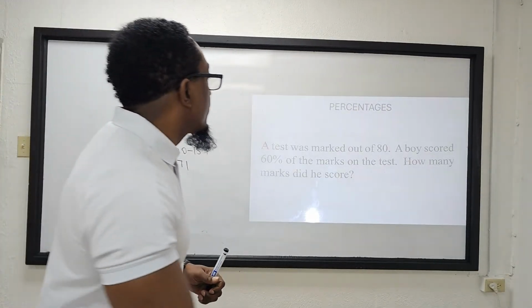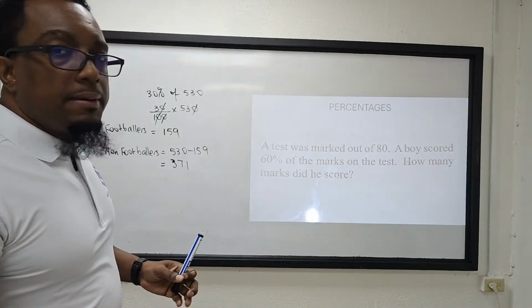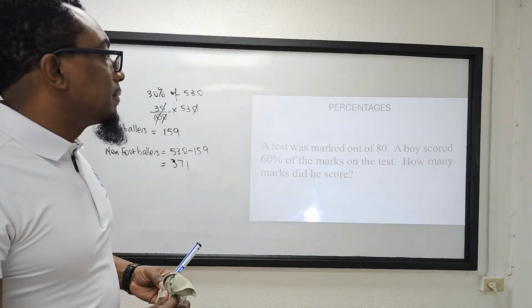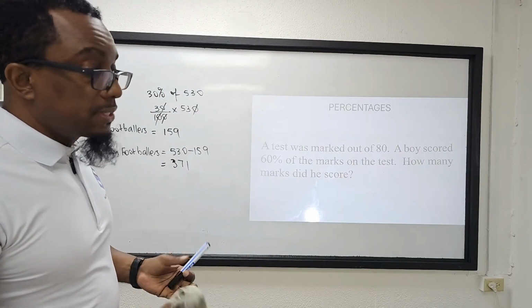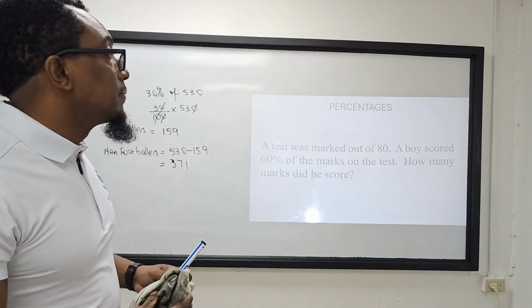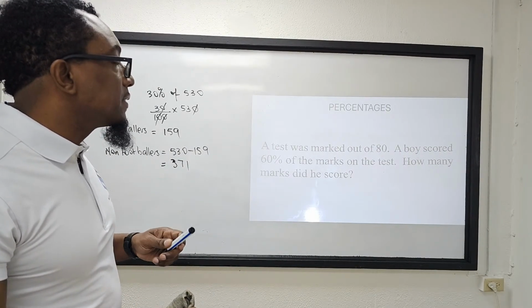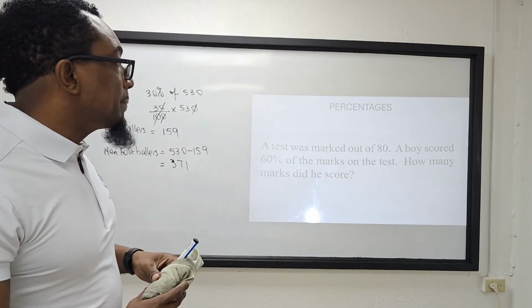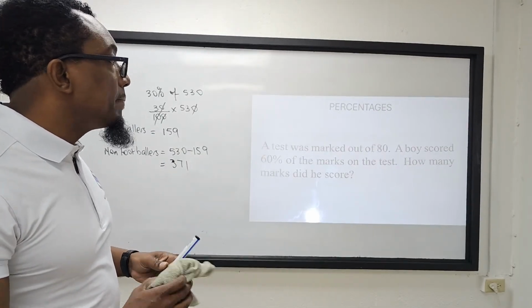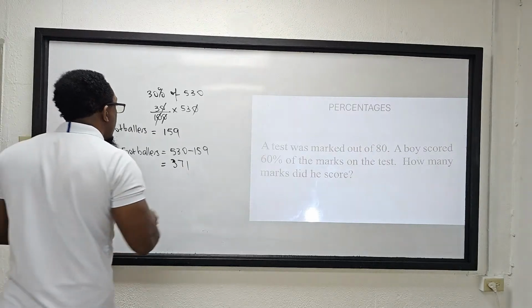Let's look at another. A test was marked on the weighting. Again, a lot of these are multiple choice questions, and sometimes you see a lot of instruction. A boy scored 60% of the marks on the test. How many marks did he score? Straightforward.